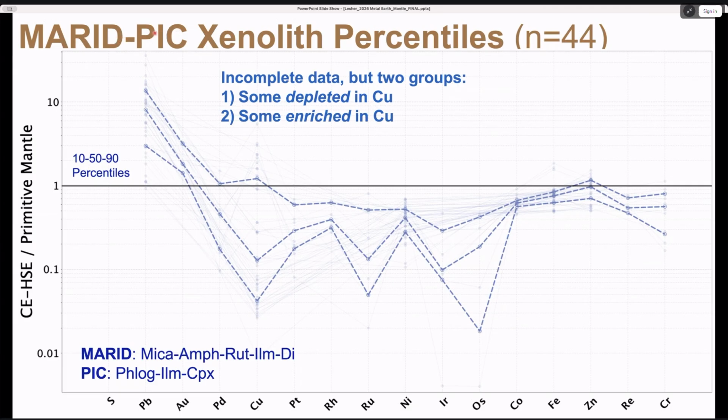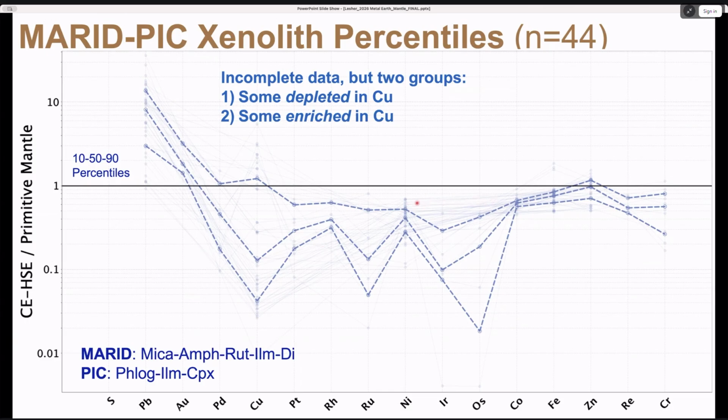And these are PIC, phlogopite ilmenite CPX xenoliths. And these are the ones that are clearly metasomatized the most. They've been juiced. And again, frustratingly large amounts of missing data in here.